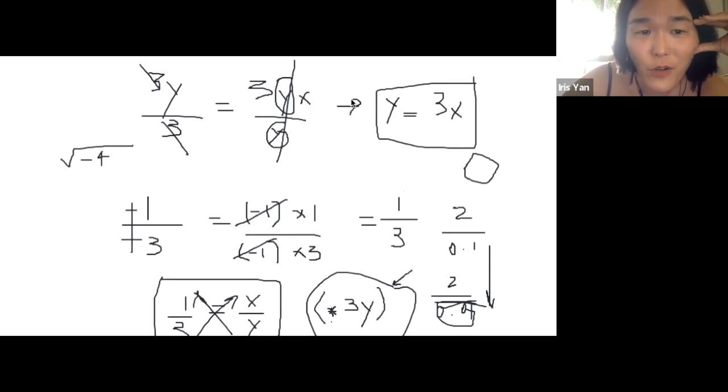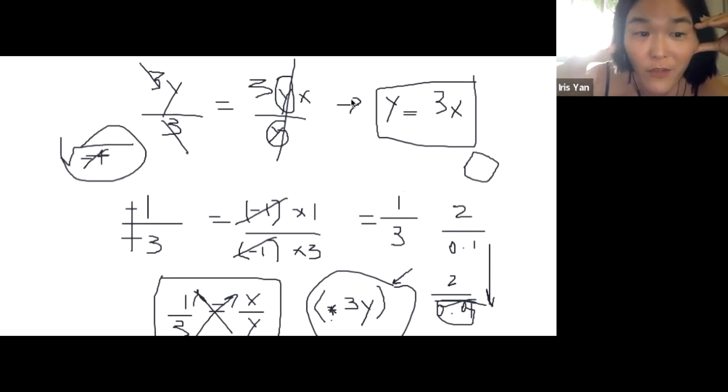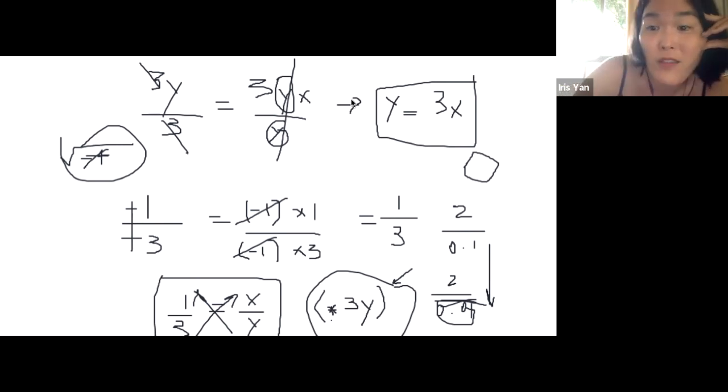Later on you will see domains of functions, and you'll know that you cannot divide by 0 and cannot have the square root of negative numbers. Those are 2 basic rules for algebra, because it's impossible. Okay, cool.